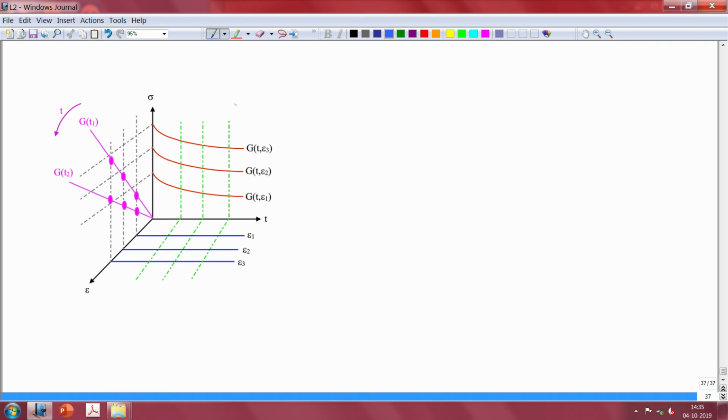Your sigma-t plane is the output plane, and that is where you are recording your output, and that is also being sampled. Then you are trying to get rid of the time axis altogether, and you are just plotting it as the sigma-epsilon graphs, and this is how they will look. Obviously, you have more than 3 points; that is just for simplicity, otherwise the figure becomes too crowded. But 3 points are not enough to determine a straight line, so you need more points there.